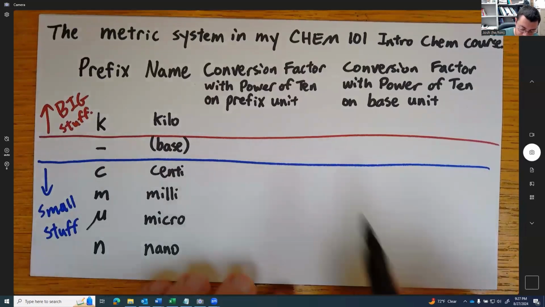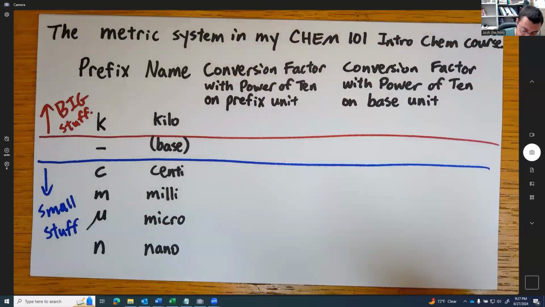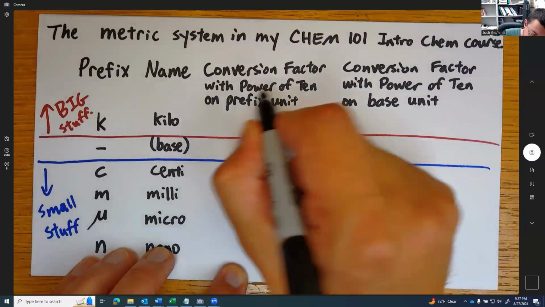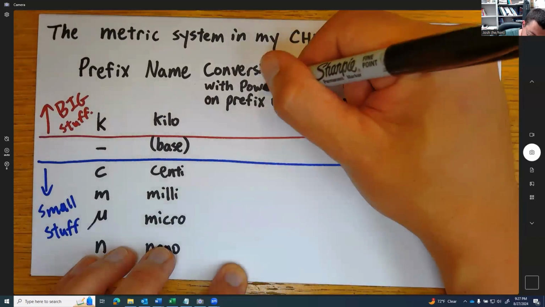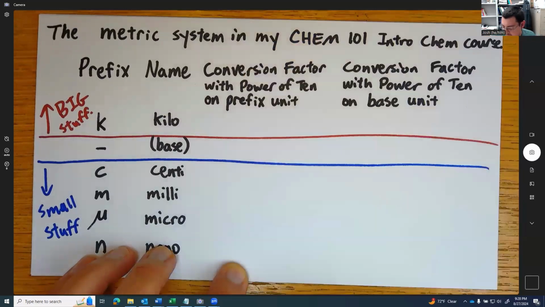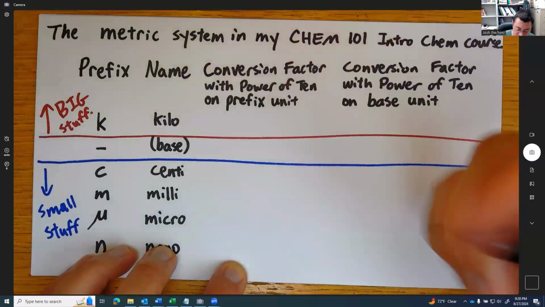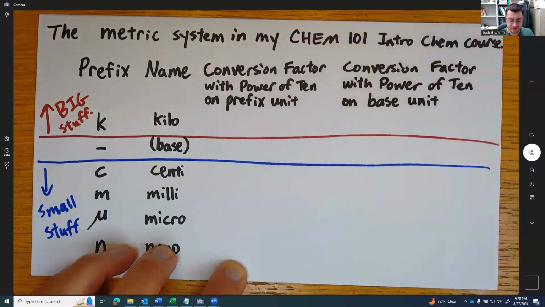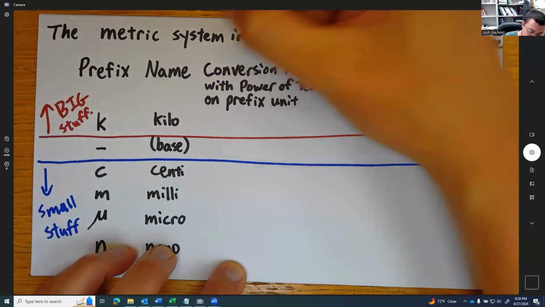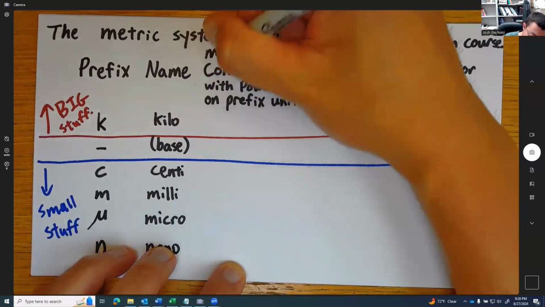So let's write out some of these conversion factors. For my first set of conversion factors, we're going to give the power of 10 to whatever unit has a prefix. Let's stick with meters for our examples for everything here. We're going to go with meter examples.